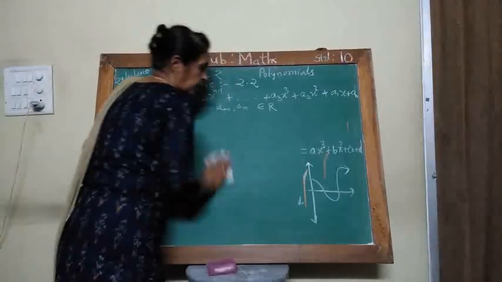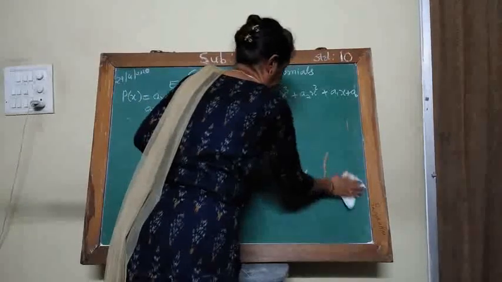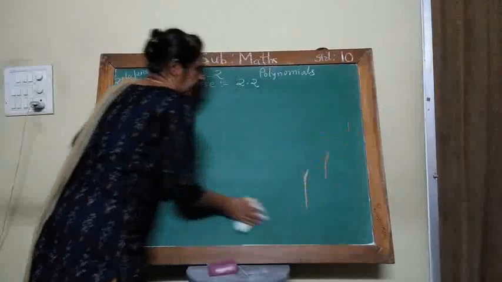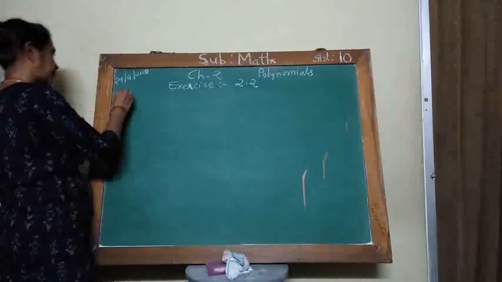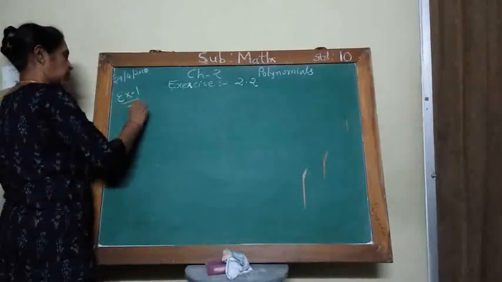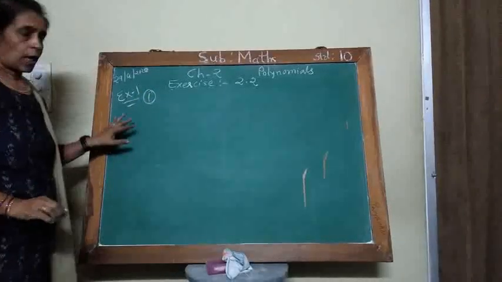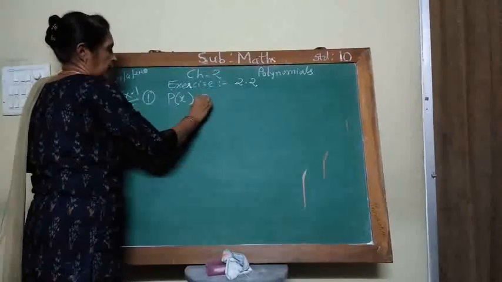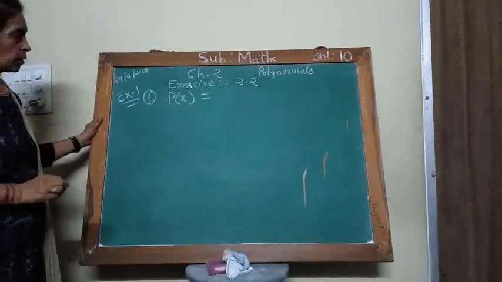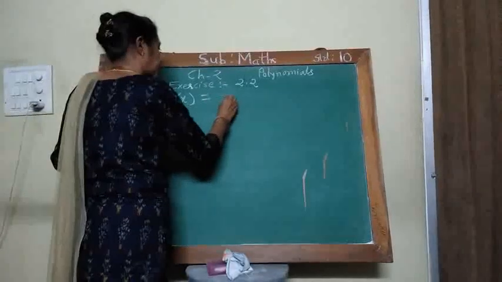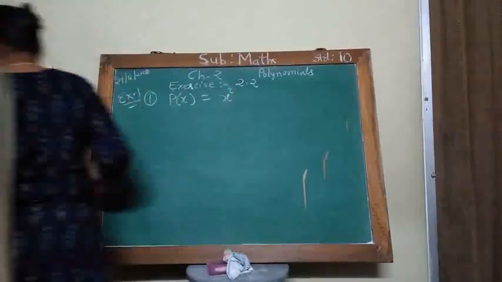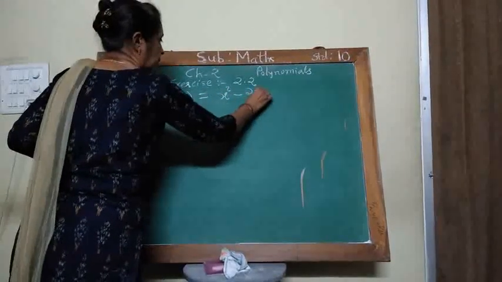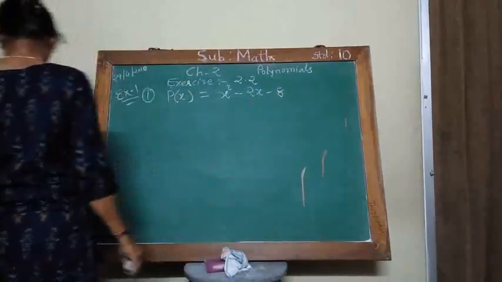So I take one example of exercise 2.2 so that you can understand the theory very well. I take example 1 of number 1. In that example they have given the polynomial x square minus 2x minus 8.